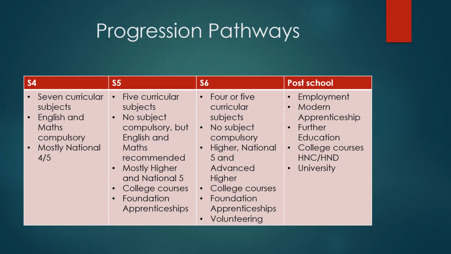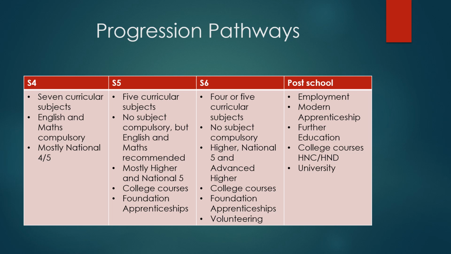So the aim of this slide is to sum up the progression pathway from S4 to your point of exit from school, and what you would move into in your destination post-school. So in summary, in S4 you take 7 curricular subjects, with English and Maths being compulsory, and it'll be expected that these subjects will be taken mostly at National 4 and 5.